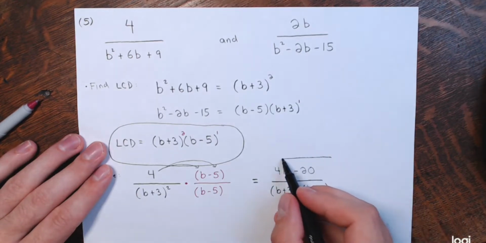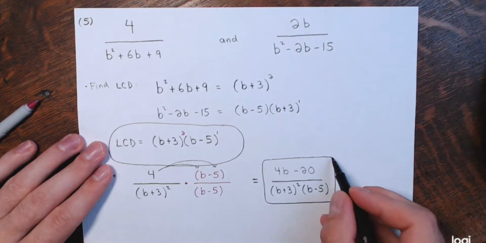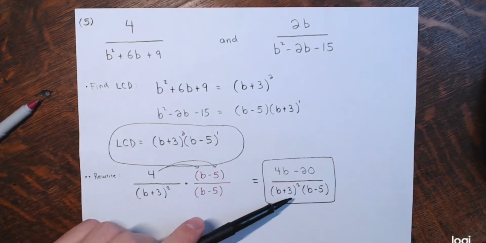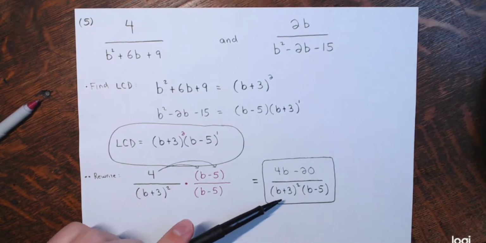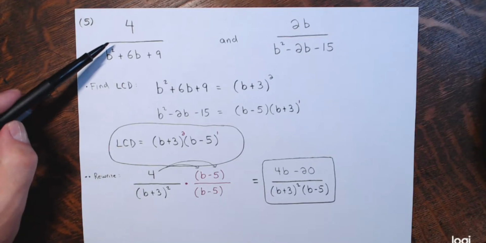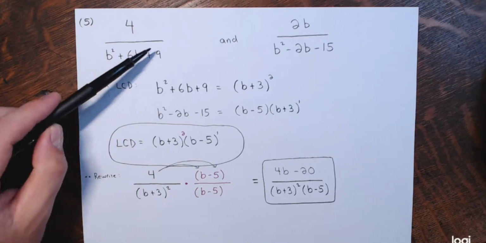Okay, so this fraction that I just put in the box, 4b minus 20 over b plus 3 squared times b minus 5, this fraction is equivalent to the first fraction, 4 over b squared plus 6b plus 9.